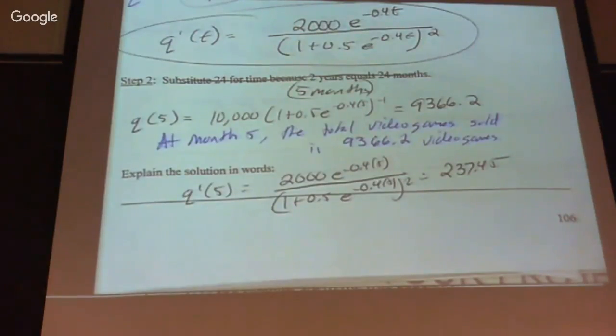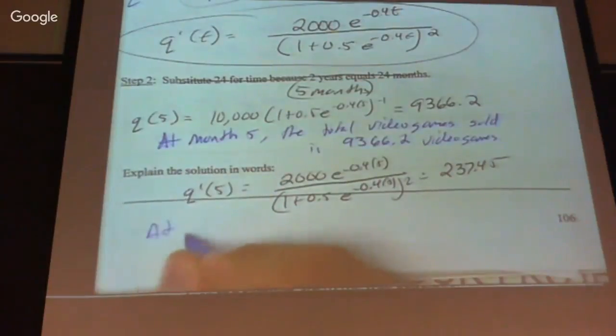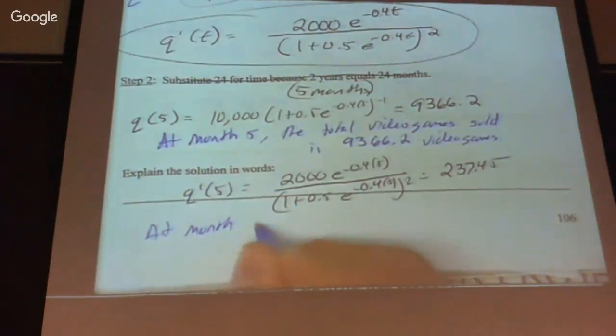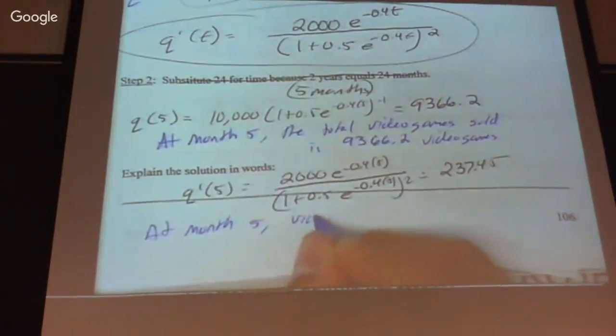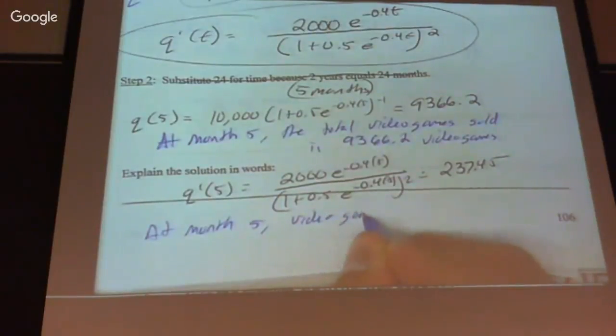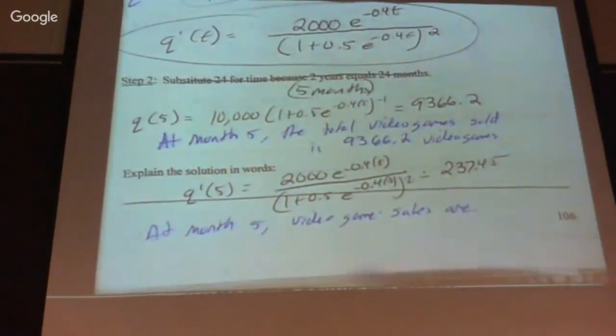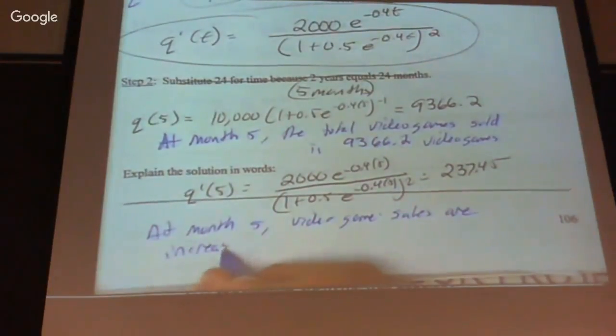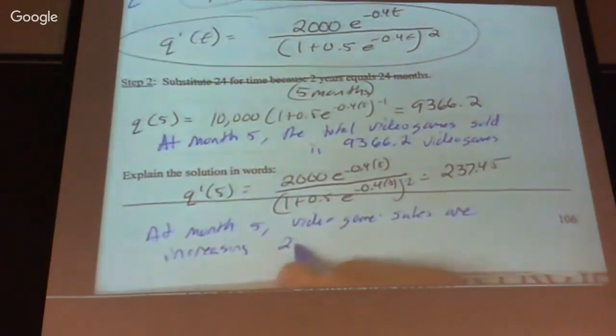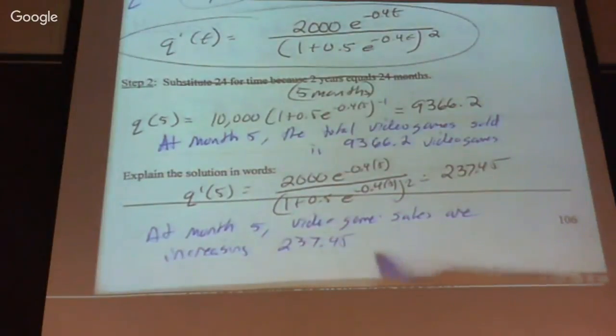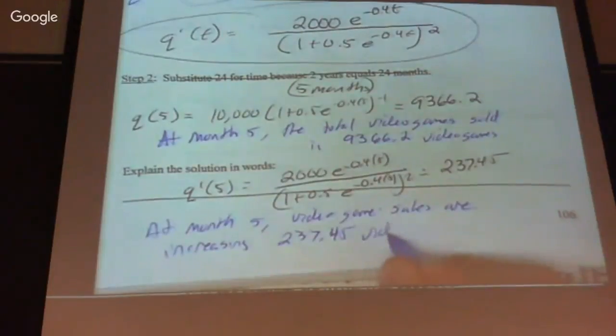Does that make sense? So this would say at month 5, video game sales are increasing 237.451 video games per month.